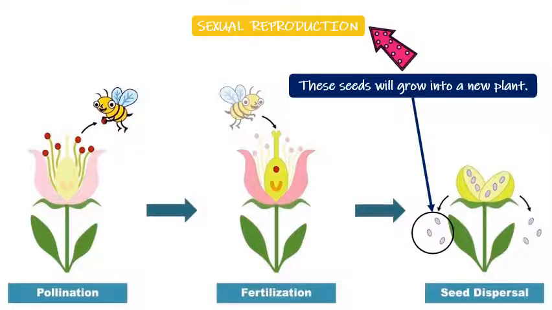It's sexual reproduction, since this kind of reproduction needs both the female reproductive organ and the male reproductive organ. The male reproductive organ produces the pollen. The pollen will be moved to the female reproductive organ holding the ovules. When the sperms produced by the pollen grains meet the ovules, we will have seeds.